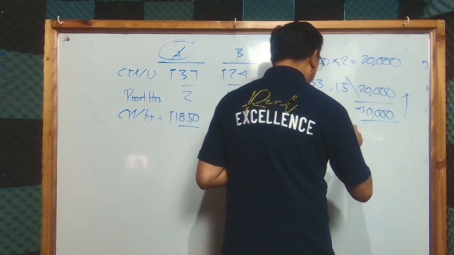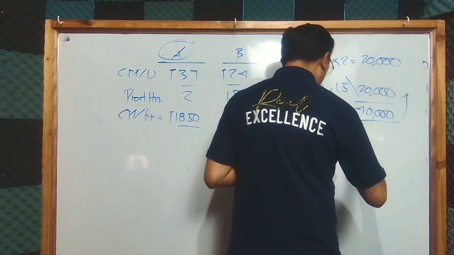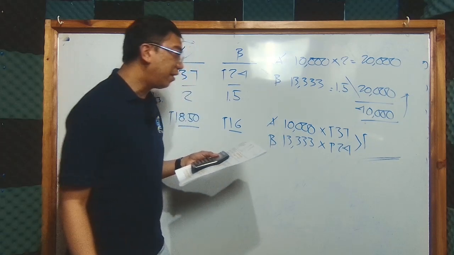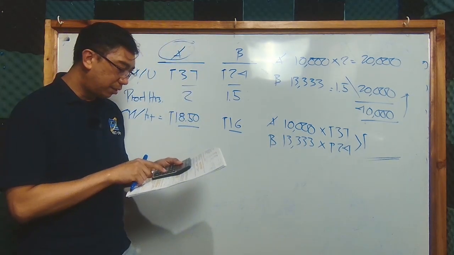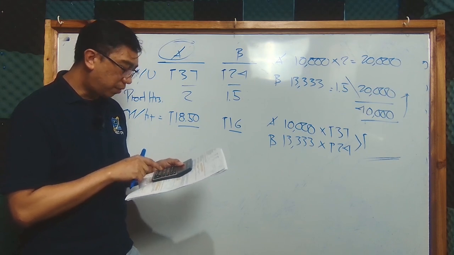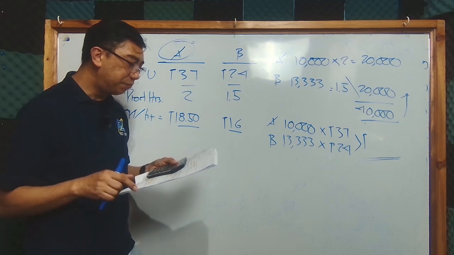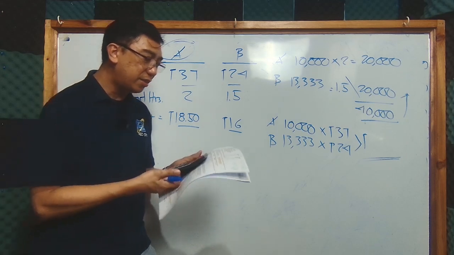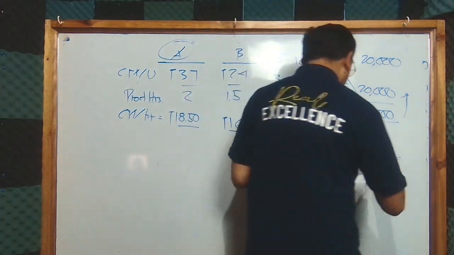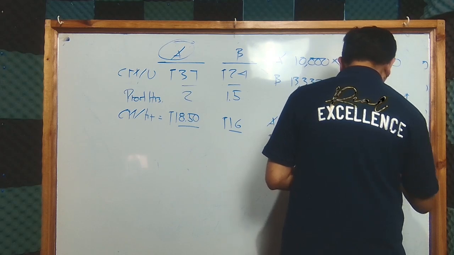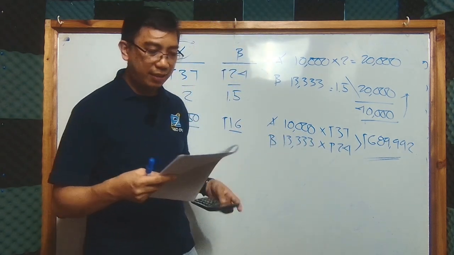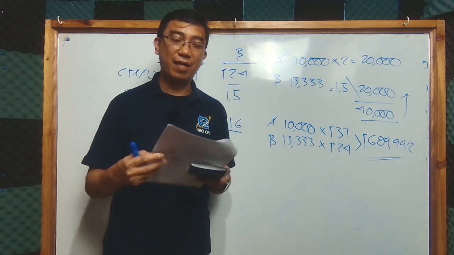So, times 37 and 24. And then we get the total. Ayun. So, class, pag sinimplify natin yan, 10,000 times 37 memory plus 13,333 times 24 memory plus memory recall, 689,992. Okay? That should be 689,992. Okay, answer? Answer is letter C. Okay, letter C.